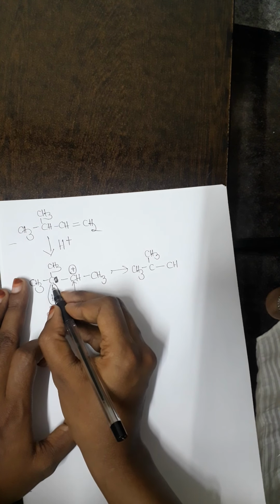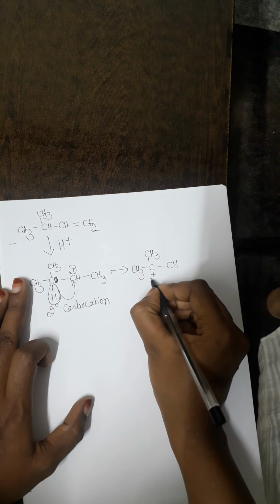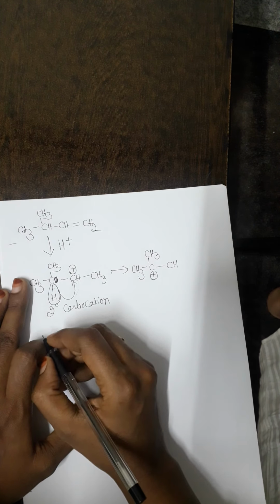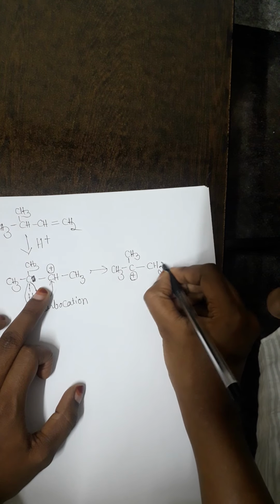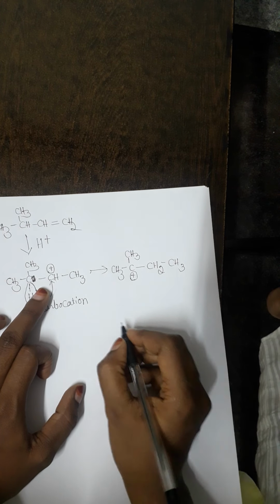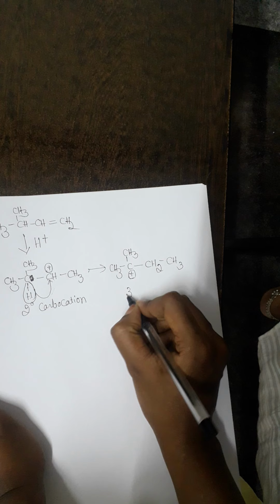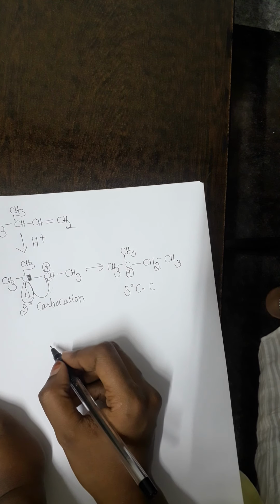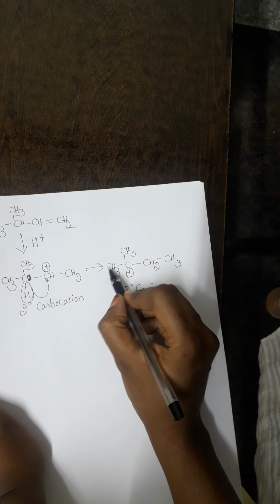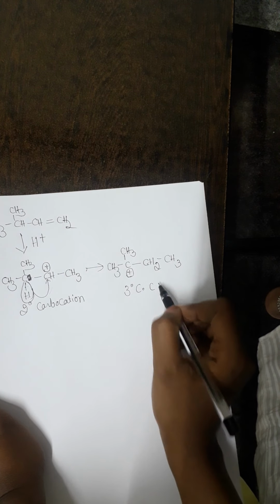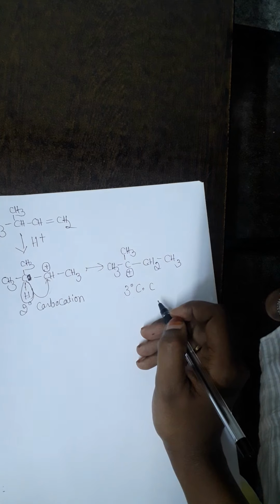since this carbon has lost its electron, I should write a positive charge on this carbon atom. So I'll have here CH2 followed by CH3. This carbocation is called a tertiary carbocation. How? Check: the carbon with a positive charge is bonded to three more carbons, therefore it is called a tertiary carbocation.